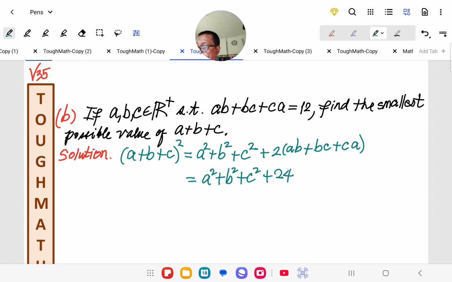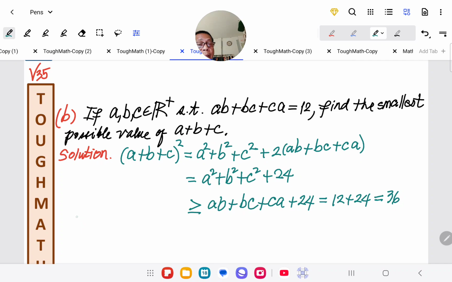And by the Cauchy squares inequality, this is greater than or equal to ab plus bc plus ca plus 24, which is equal to 12 plus 24 equals 36.